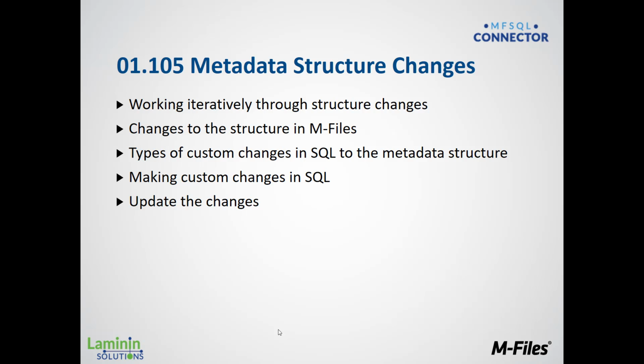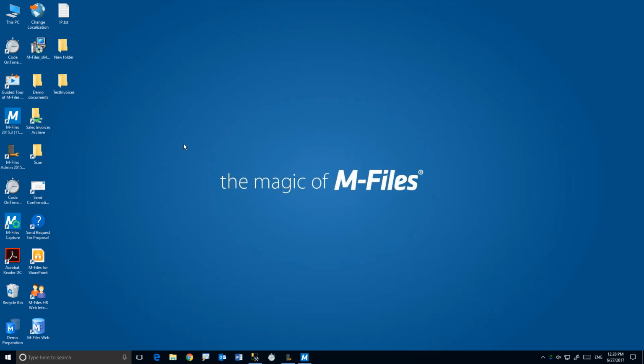We will also then make those changes and look at the impact of those changes, and finally update all of the changes and show you the different procedures that can be used to do those changes. Let's get started. We're going to focus on metadata structure.